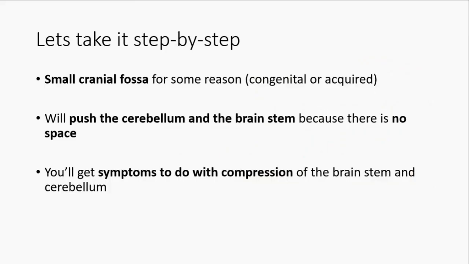So if you want to understand the condition in a logical way, just understand it step by step. There's a small cranial fossa for some reason. It could be congenital, in other words, you could be born with it, or it could be acquired.